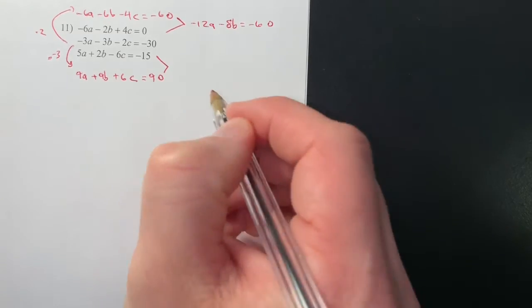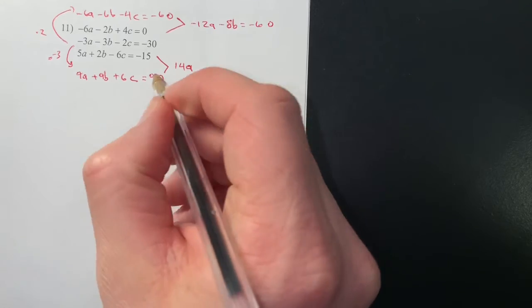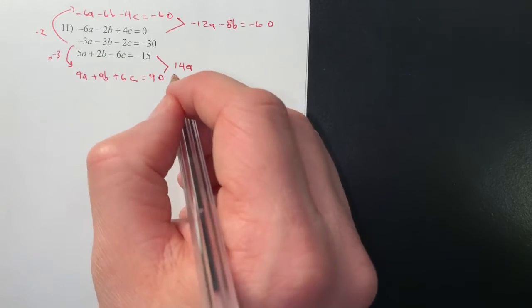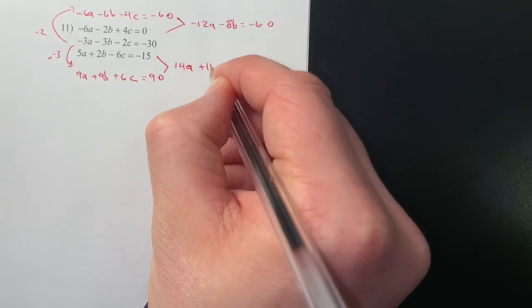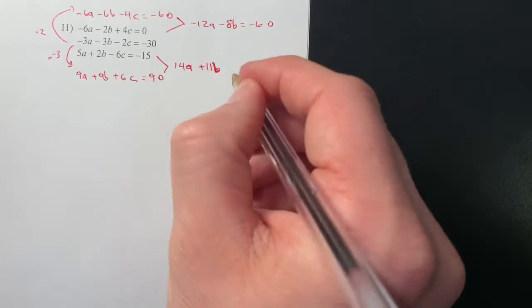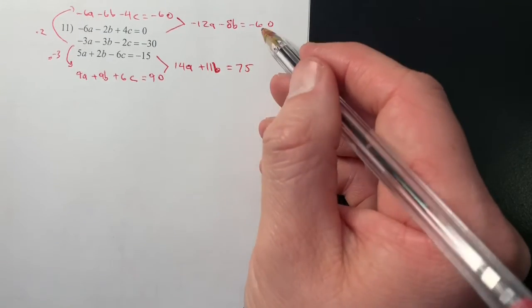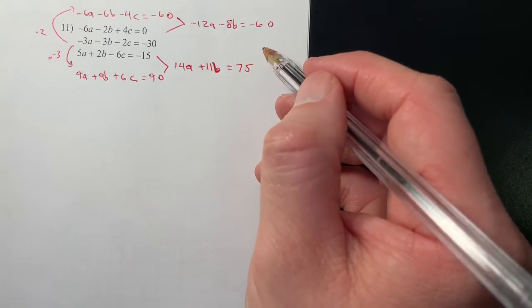And I'm going to combine these two equations. So I get 14a plus 11b, and that equals 75. Okay, so now I have two equations with two variables.